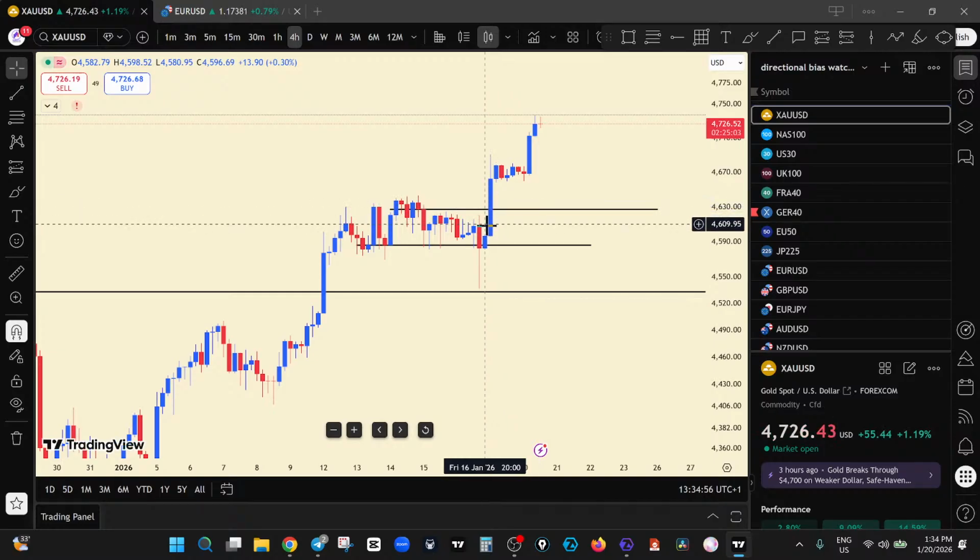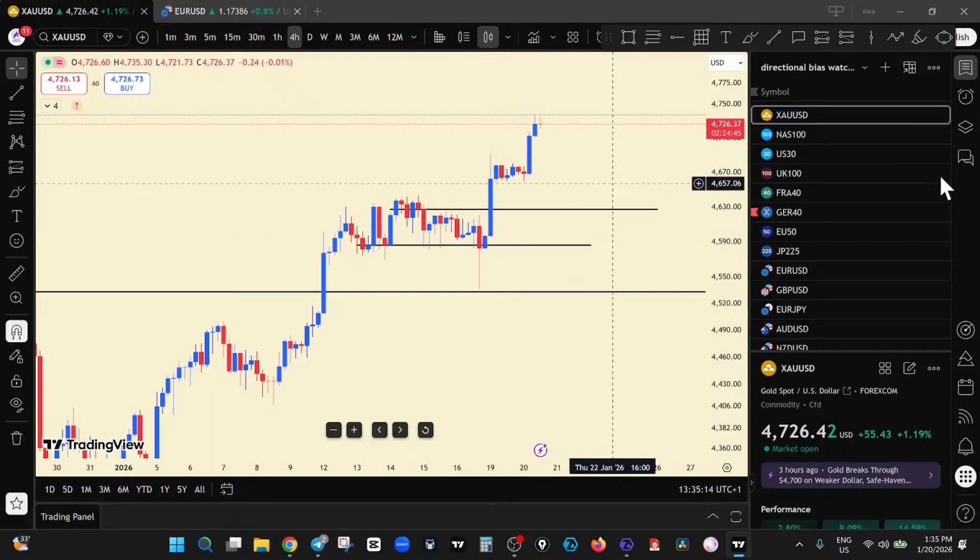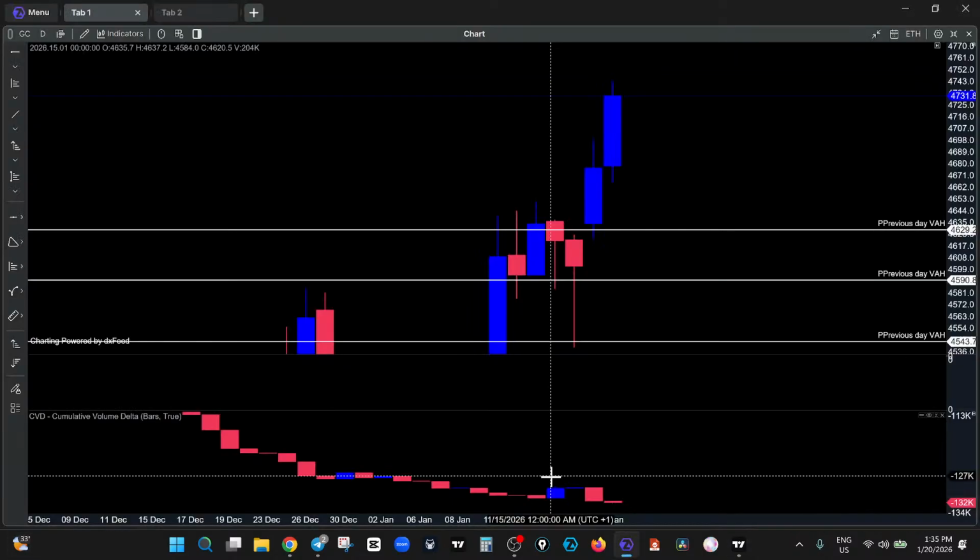I know TradingView has footprint and volume profile if you subscribe for the premium version. However, the information you are getting is from the broker level, not from the exchange. With ATAS, you can connect to the exchange and use it for your analysis. So I'm going to go to ATAS now.